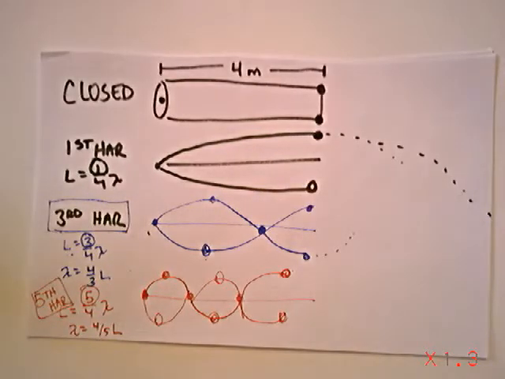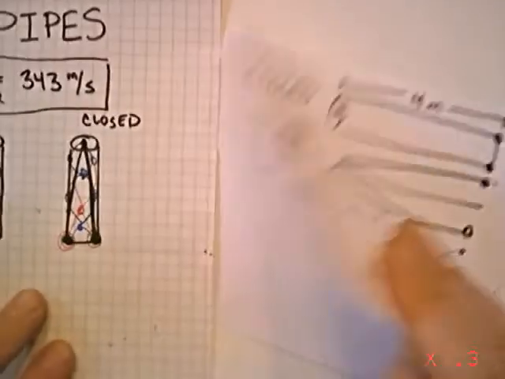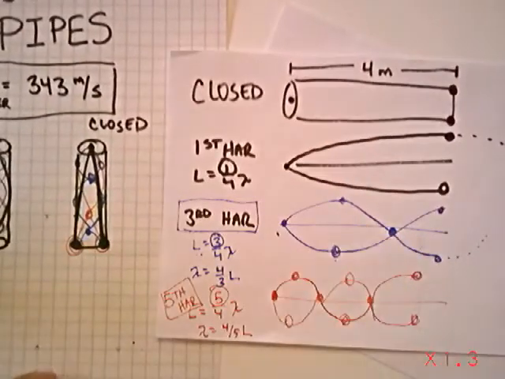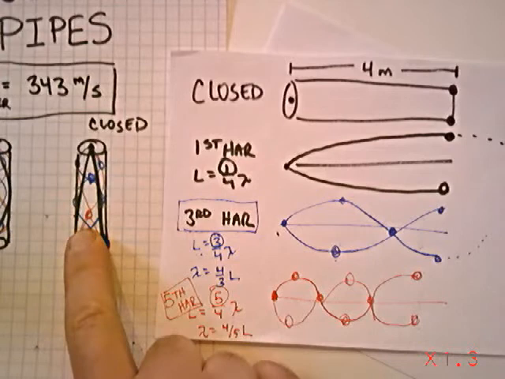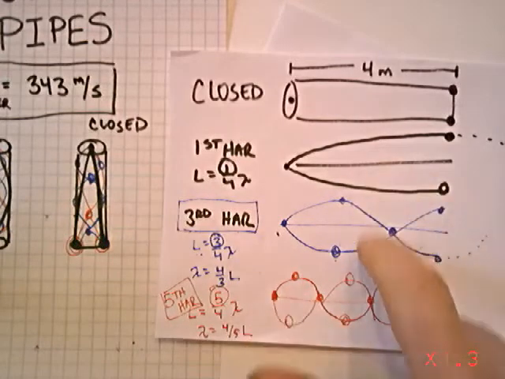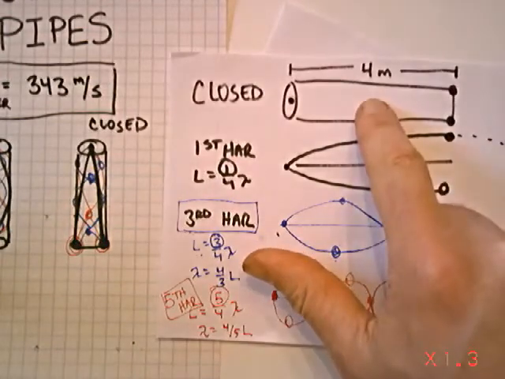Okay? Now, you can kind of see why in the original picture I drew, I made it look a bit like that. Because all three of these and even more are occurring at the same time in the pipe. So it's very complex. But if you superimpose these on each other and throw it in the pipe, that's what you would get.